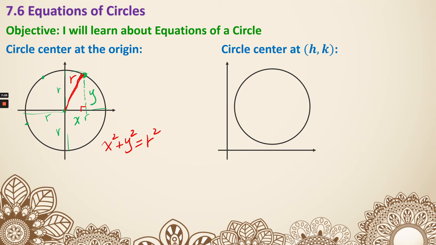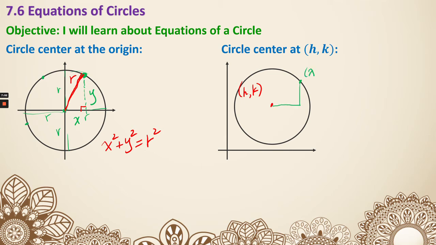Next, if we have a circle centered at (h, k), let's call this point (h, k) right there. Now we want to represent the circle with any point around this (h, k), which is slightly different. This time it's not connected to the origin, but I can still draw these grid-like lines.